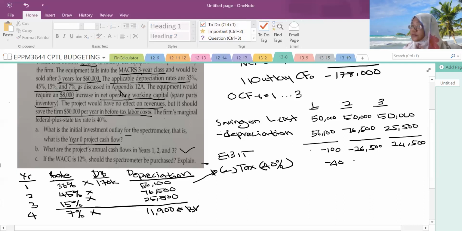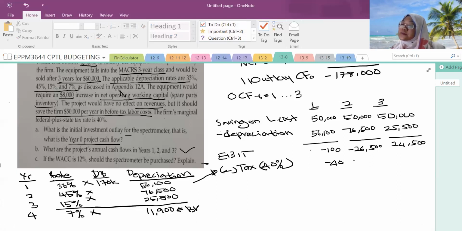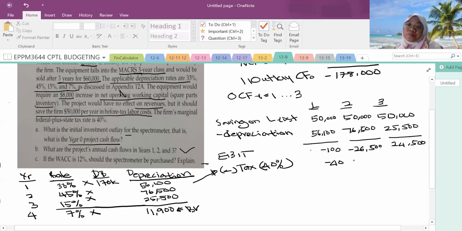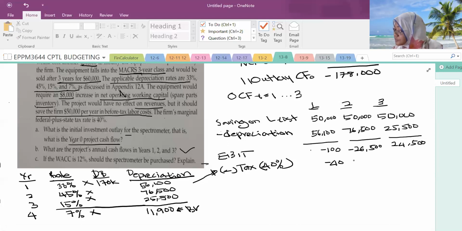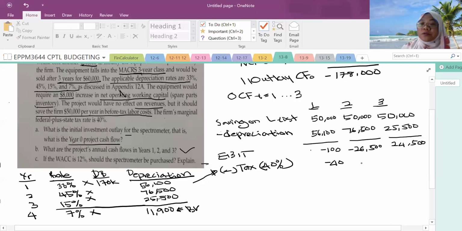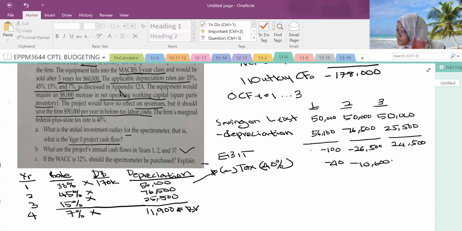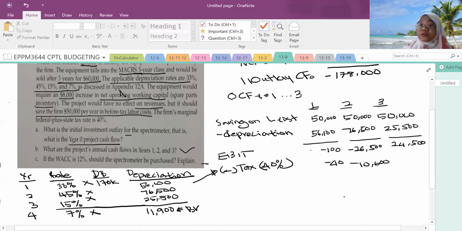Let me calculate that. Okay, so we'll have negative 10,600 here, and 40% times 24,500 is 9,800. Sorry, this is positive here.